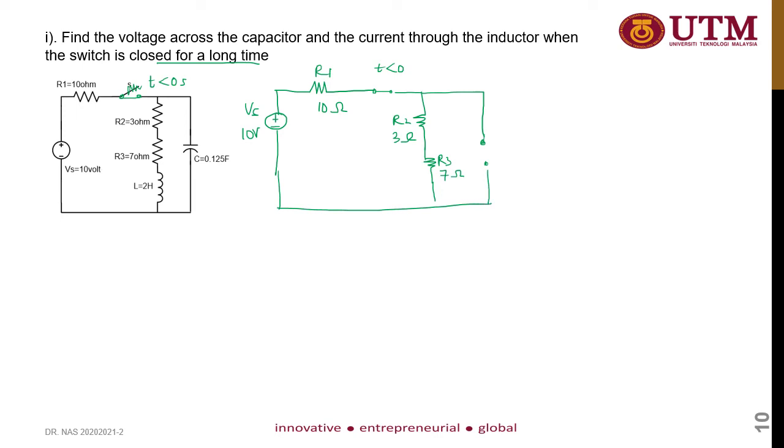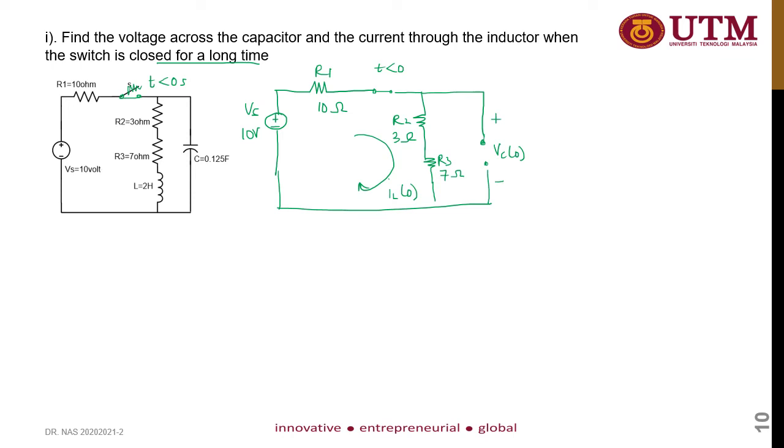Okay, so you need to determine the I across the inductor, so IL in the main loop, IL0, and also the VC is VC0.